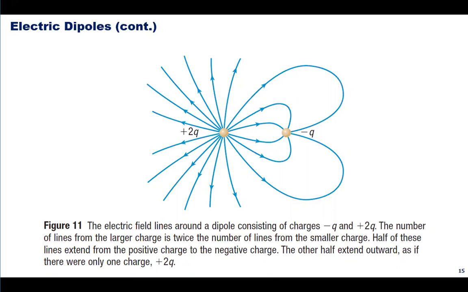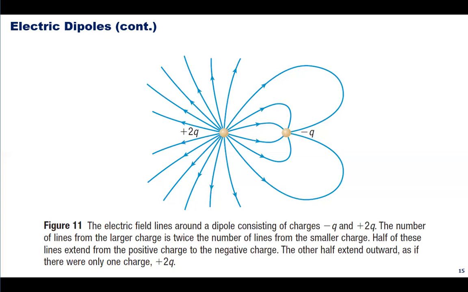This is because the number of field lines for each charge is proportional to the magnitude of that charge. The number of field lines leaving the positive charge is therefore twice the number of field lines meeting at the negative charge.